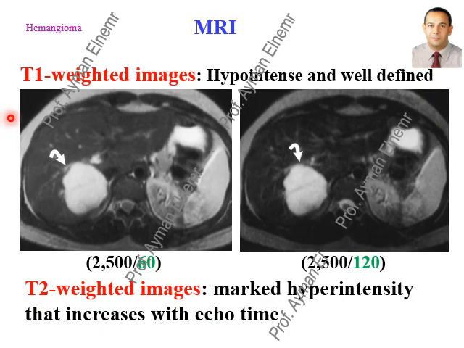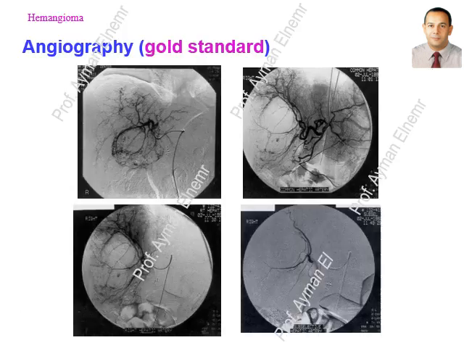Hemangioma appears in T1-weighted MRI as a hypo-intense and well-defined lesion, and in T2-weighted images, as we see in these two slices, the hemangioma is markedly hyper-intense, increasing with echo time.